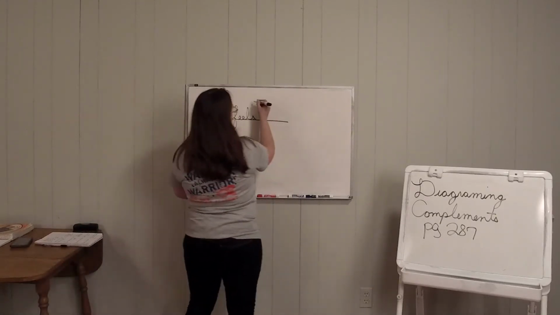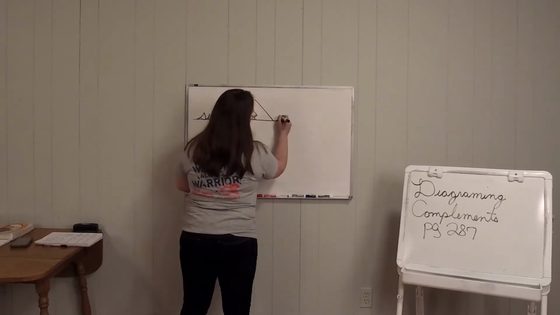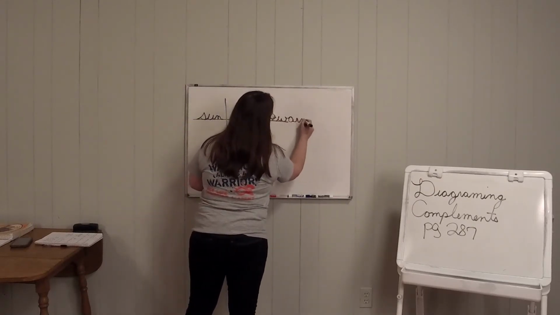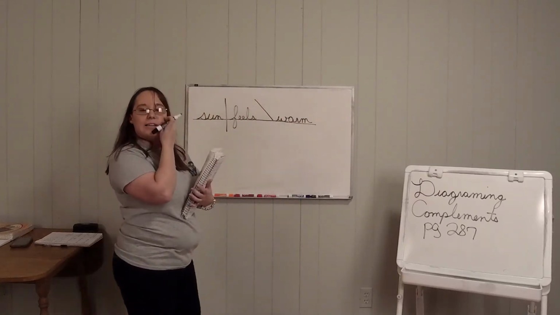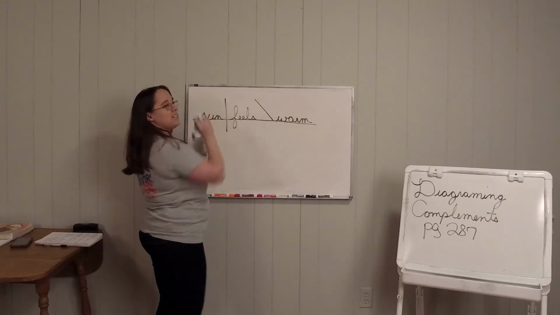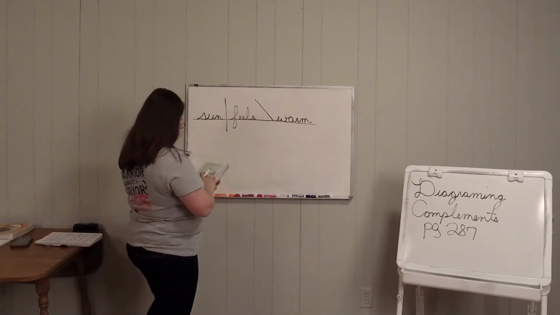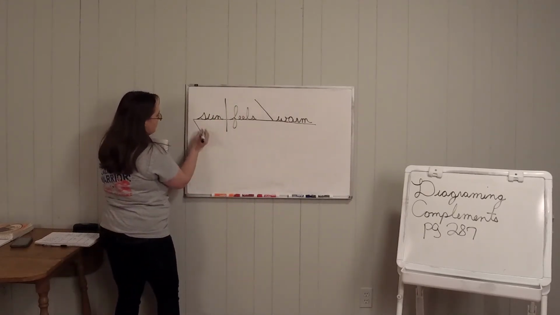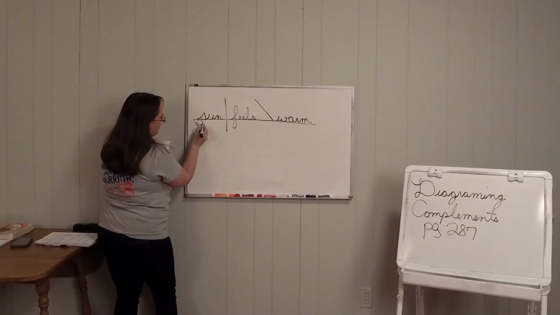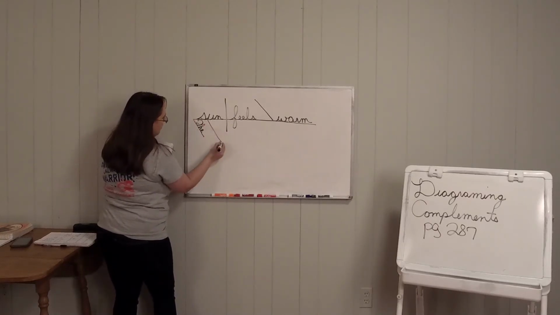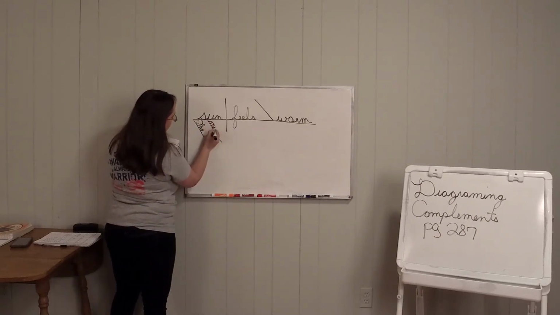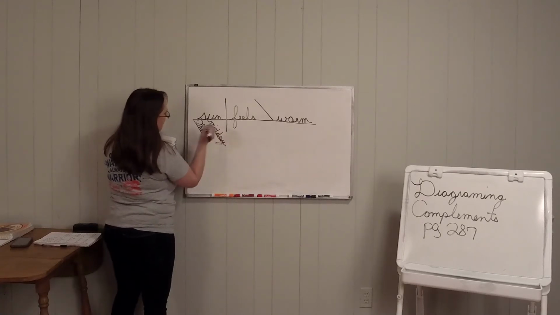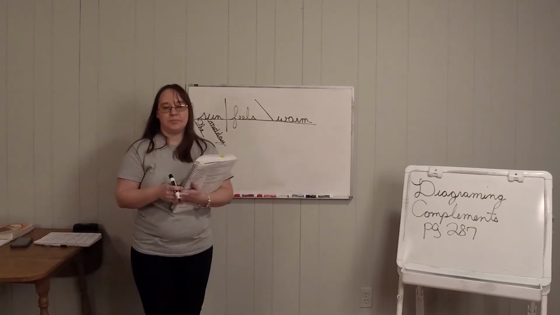That's going to have that back slanted line, and it will say warm. It's describing what that sun feels like. And then you have, and it's midday. That's how yours should look.